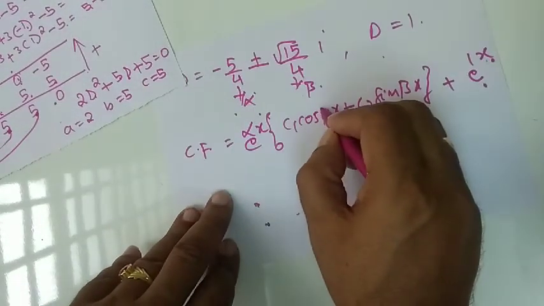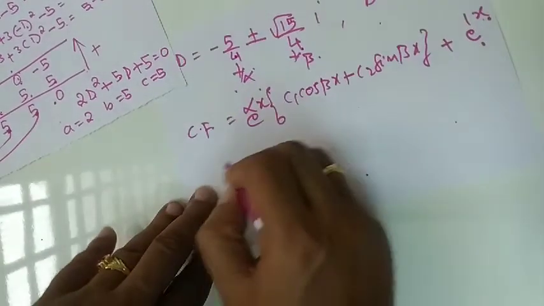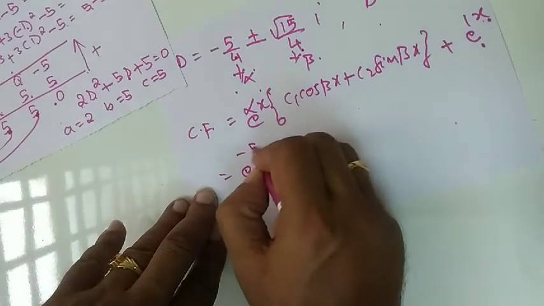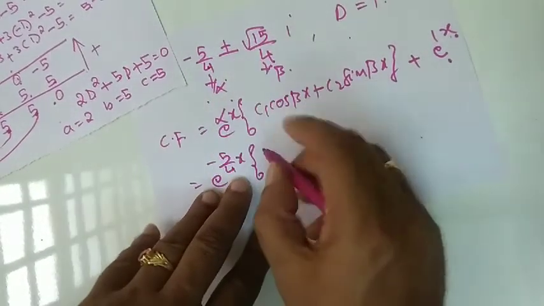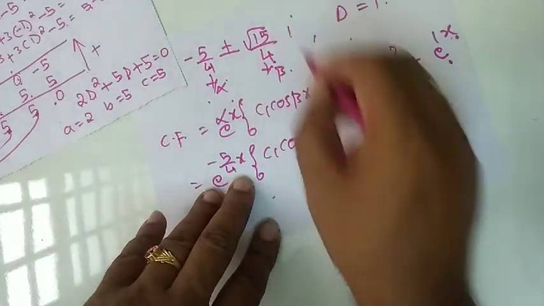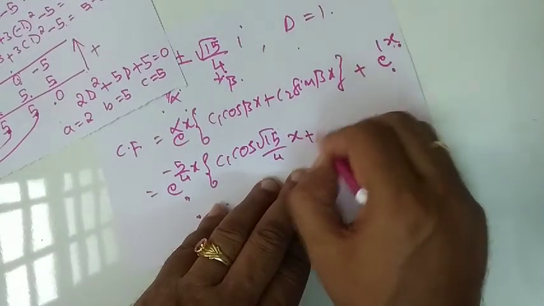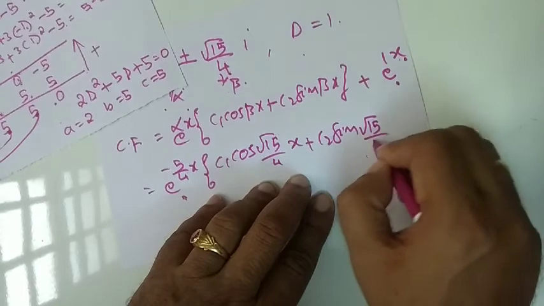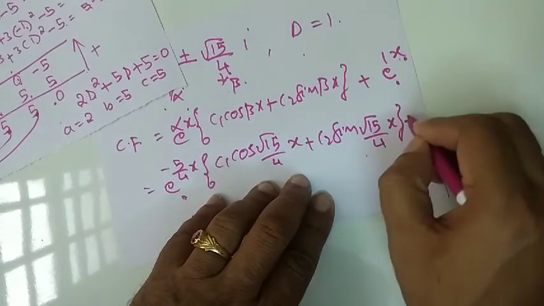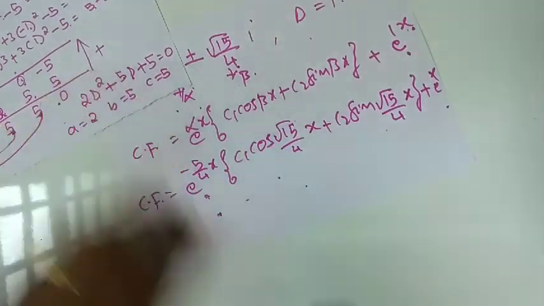Now for beta I am substituting root 15 by 4, for alpha I am substituting minus 5 by 4. So e to the power minus 5 by 4 x into C1 cos root 15 by 4 x plus C2 sin root 15 by 4 x plus e to the power x. So this is the complementary function. Okay, let us start.